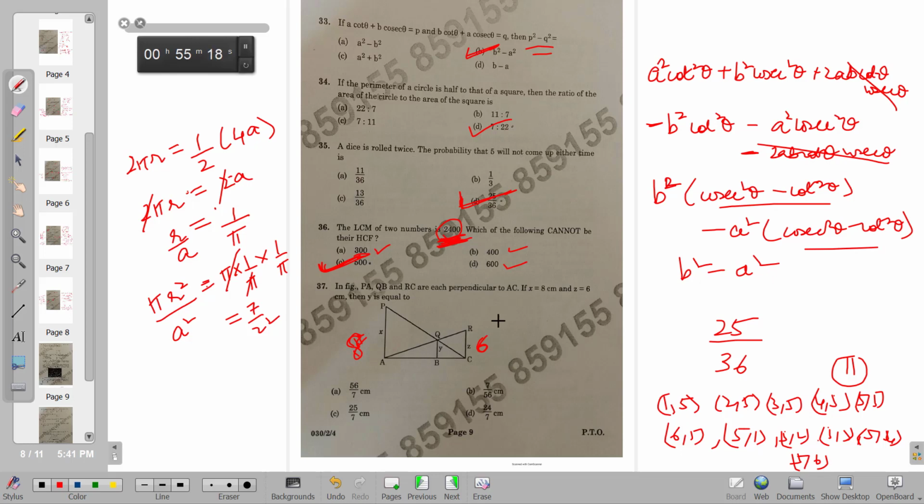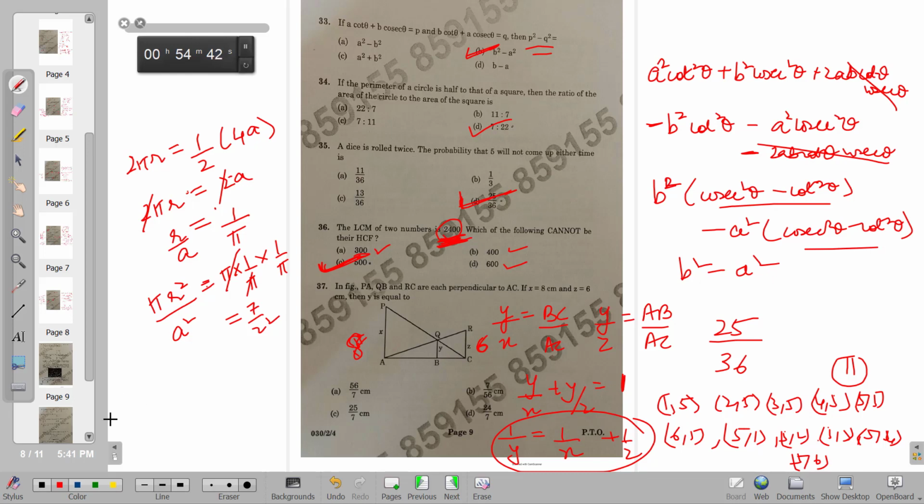So you have over here y by x equal to BC by AC, and y by z equal to AB by AC. You add both of them. You get y by x plus y by z equal to BC plus AB by AC, which is 1. When you rearrange, you will get 1 by y equal to 1 by x plus 1 by z. This formula is what you are supposed to remember here.